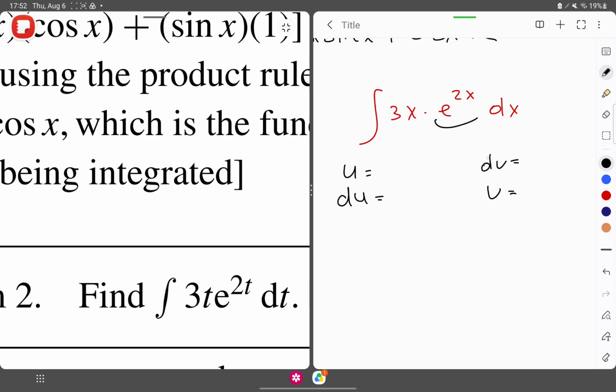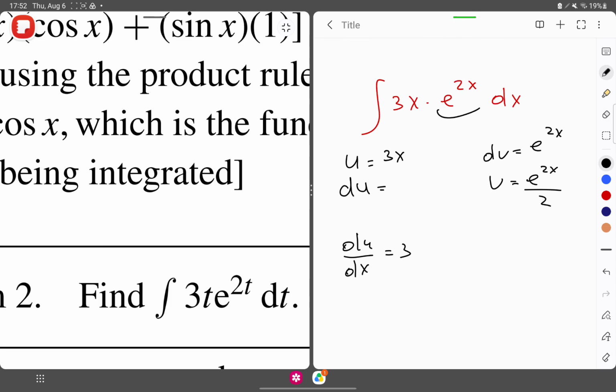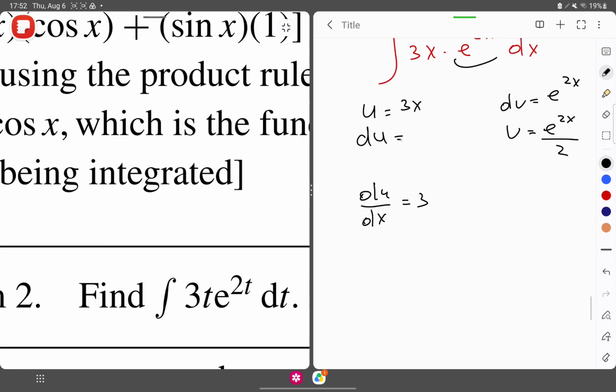So I want to take dv as e to the power of 2x, and the integral of e to the power of 2x will be e to the power of 2x over 2. In this case, our u will be 3x, and du over dx will be 3, and du will be 3dx. Okay, du is 3dx.